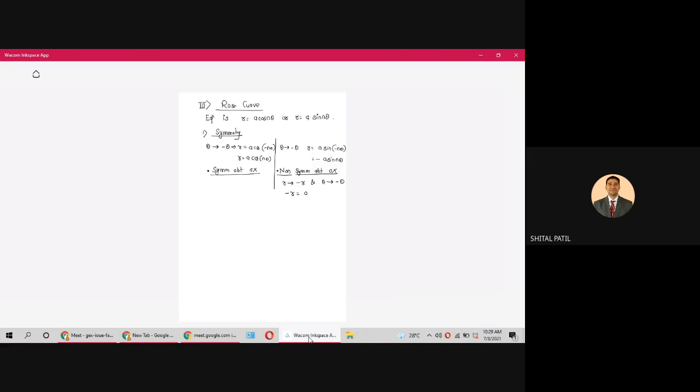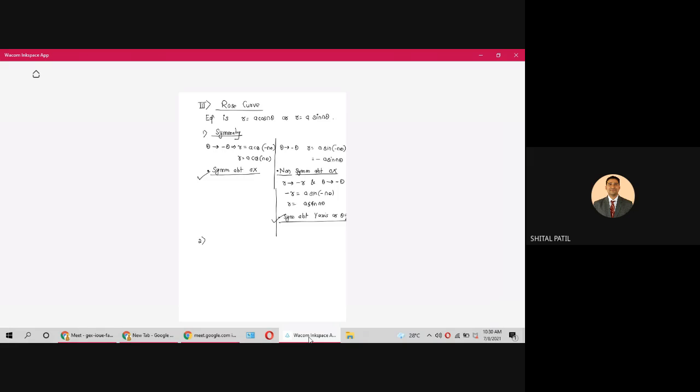Minus R equal to A sine of minus n theta. So you might have understood, the negative sign will cancel. So it is symmetric about the y-axis, or line theta equal to pi by 2, which is the y-axis. So this curve is symmetric about the x-axis and this is symmetric about the y-axis. This is the difference.